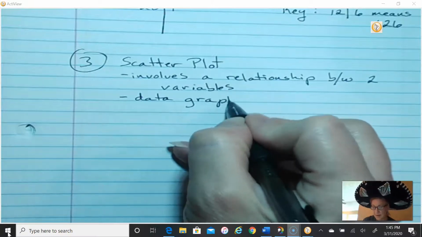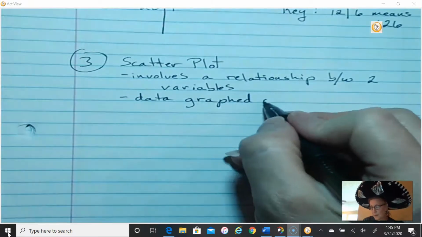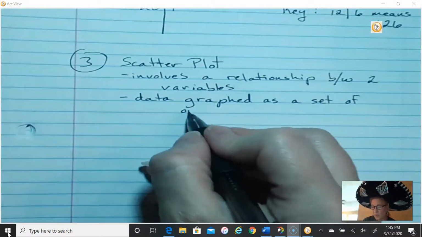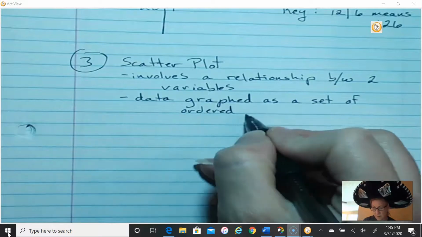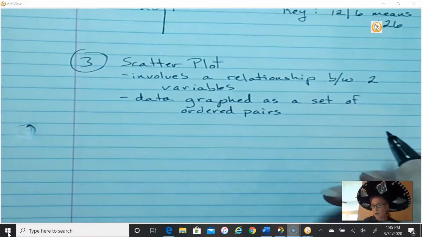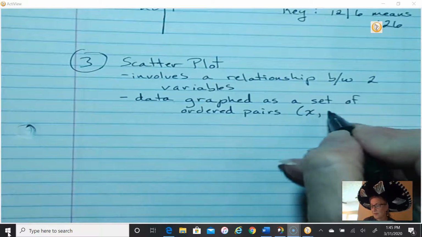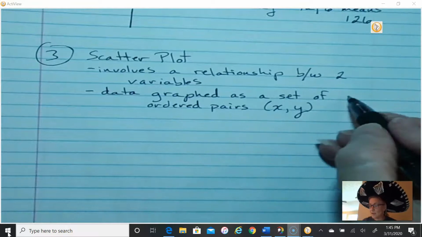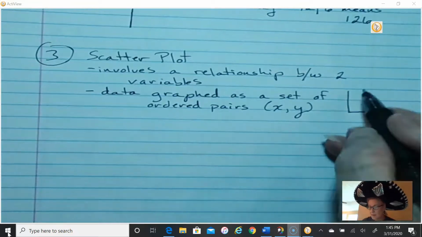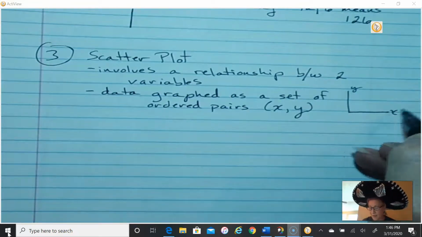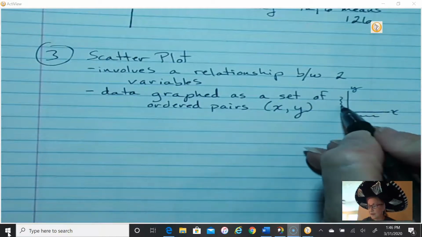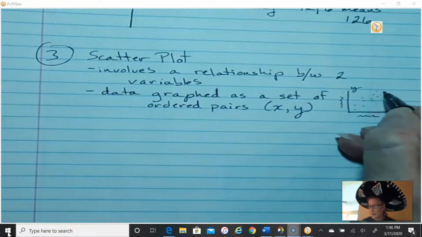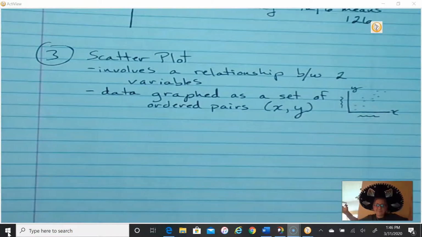Data is graphed as a set of ordered pairs. Remember what an ordered pair is? It's basically going to look like this. This is your Y, this is your X. You're going to have a title down here and a title right there. And you're putting a dot wherever the information is. That's it.